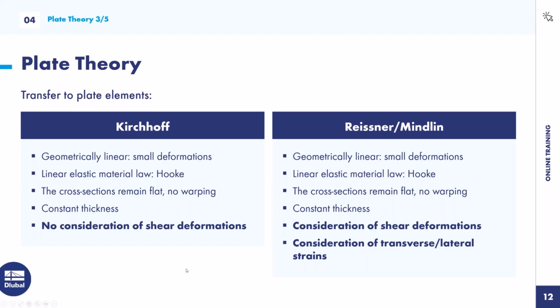We have a constant thickness. But for Kirchhoff, we don't consider the shear deformations, and for Reissner-Mindlin, we do consider the shear deformation. For plates, we also consider the transversal and lateral strains. That was the Poisson's ratio in the program. We set it to 0 to have a better comparison to the beam element.